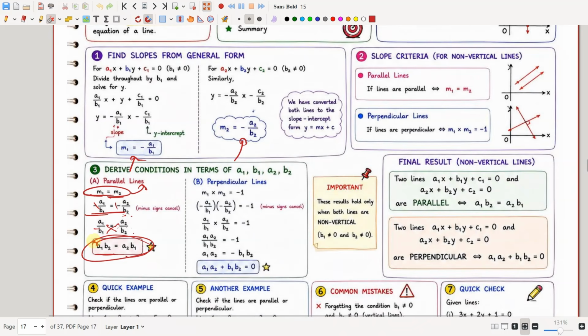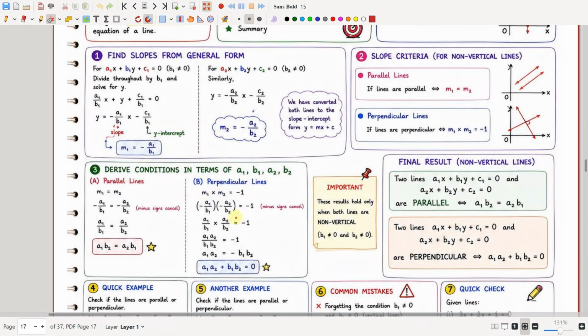So for the lines to be parallel under the generic form of a line, a1 b2 must be equal to a2 b1. We also know that for two lines to be perpendicular, the product of their slopes must be equal to minus 1. Substituting, minus a1 by b1 into minus a2 by b2, the minus and minus become plus. So a1 by b1 into a2 by b2 is equal to minus 1.